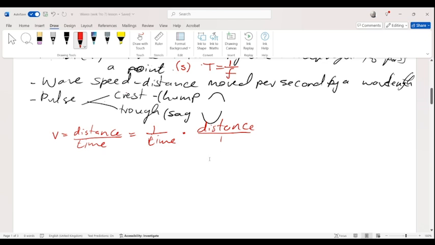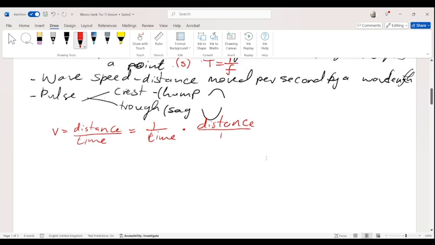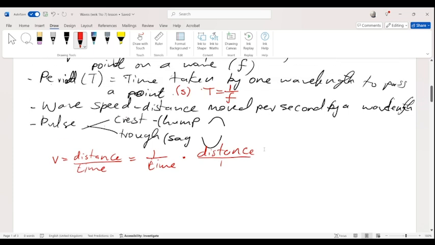I have said it before. Your period is the inverse of frequency. Okay? So if period is the inverse of frequency, it means frequency is also the inverse of period. So f is given by 1 over t.